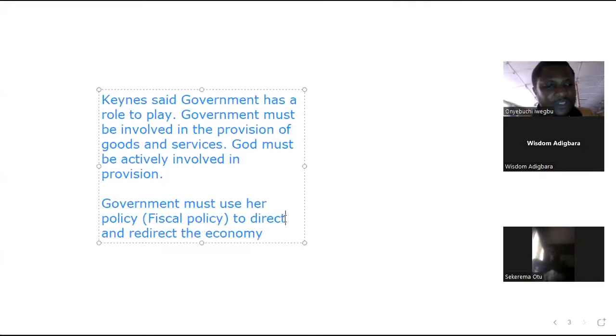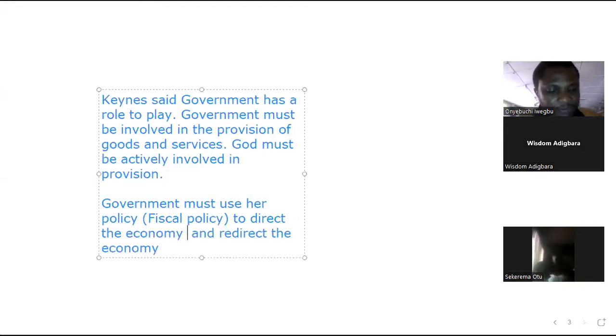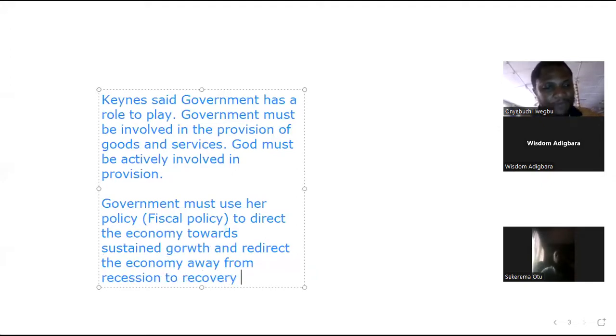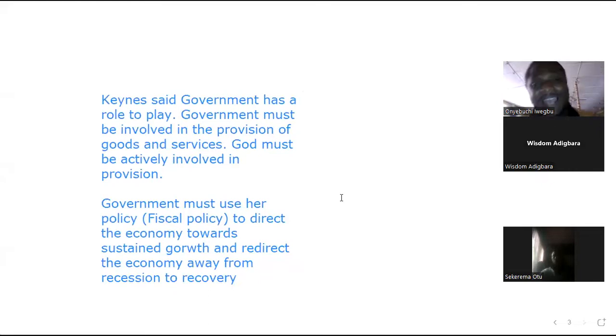Government must use fiscal policy to direct the economy towards sustained growth and redirect the economy away from recession to recovery. Keynes made this profound statement and said, come on, government, you shouldn't sit down and be looking. You must be actively involved in production. Government has a role to play.